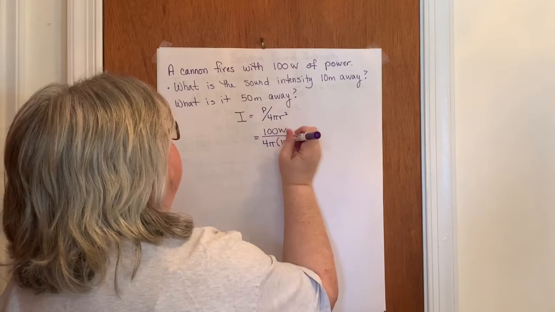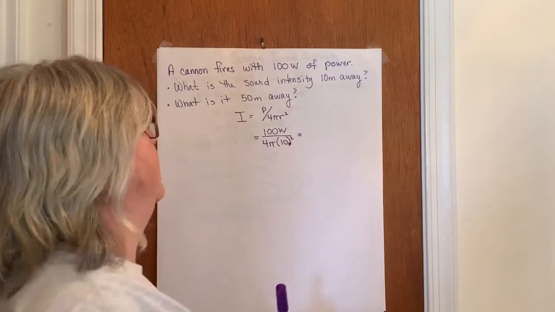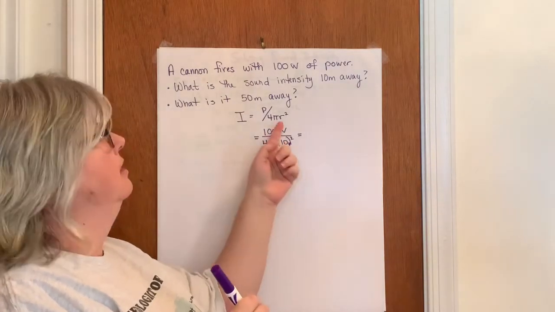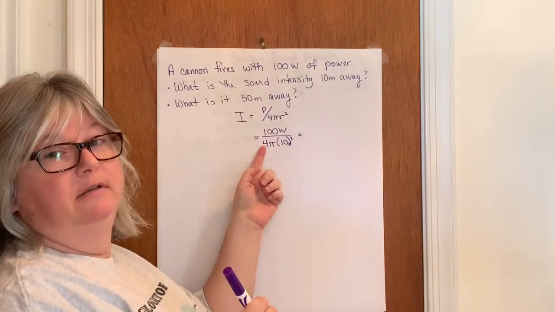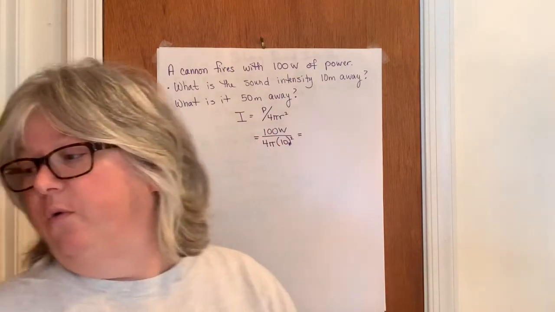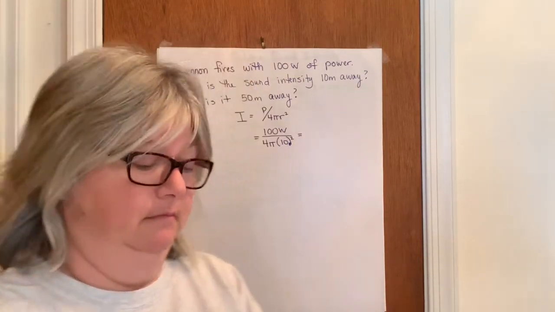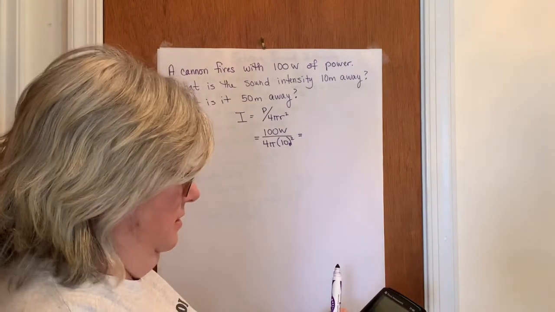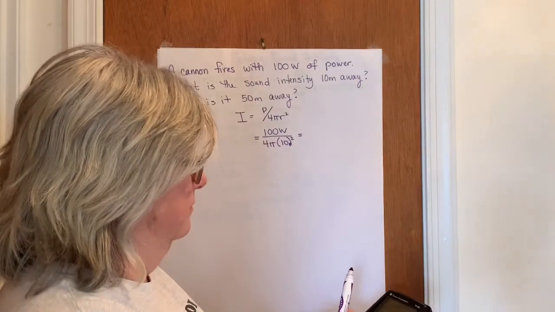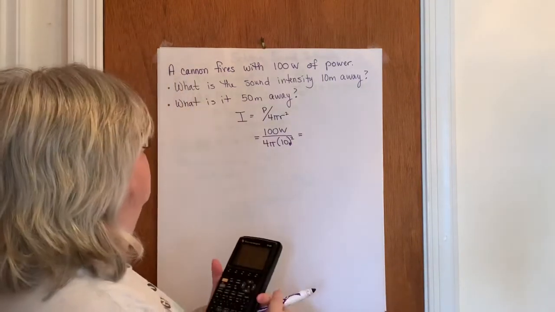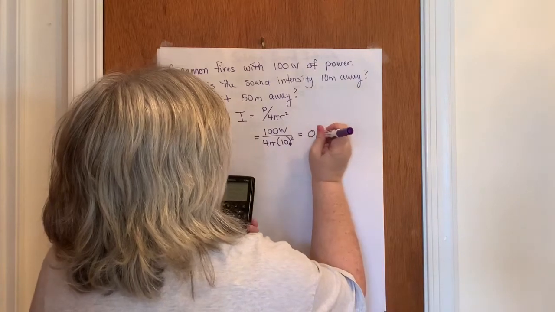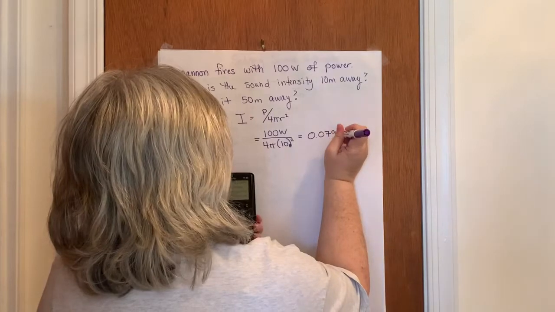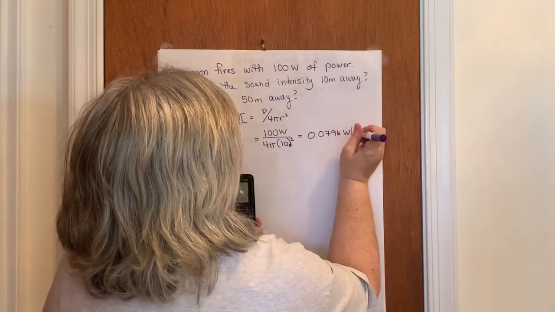Actually, it's squared. So 10 squared is 100. 100 divided by 100 is 1. So 1 over 4 pi gives me 0.0796 watts per meter squared.